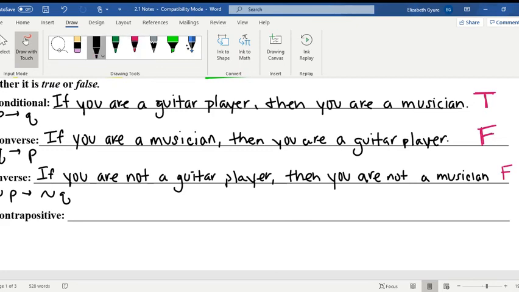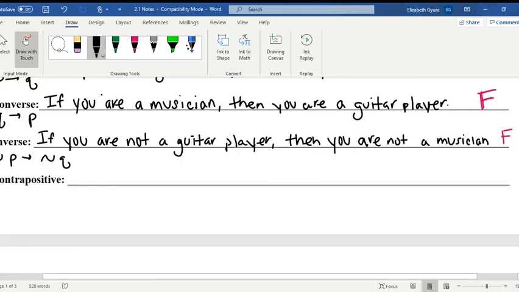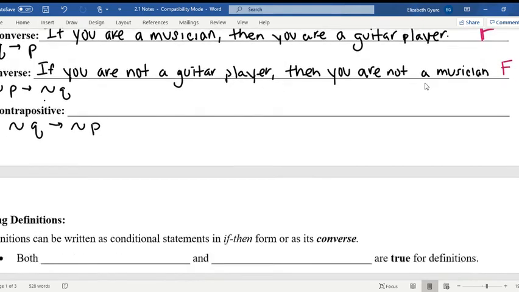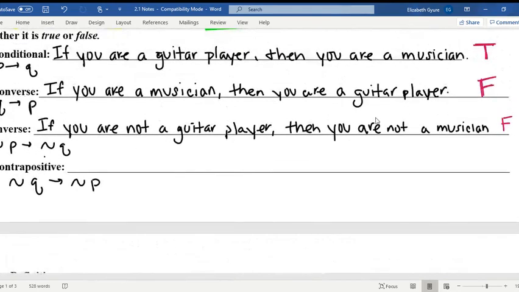And then the last one is contrapositive. Look back up at your chart. A contrapositive is if not Q, then not P. So if not our conclusion, then not our hypothesis. We're going to take this statement and flip it around.